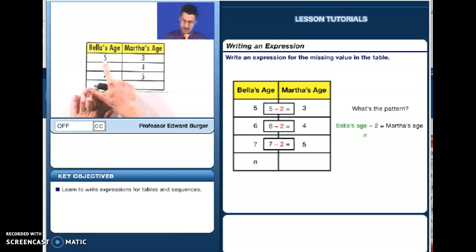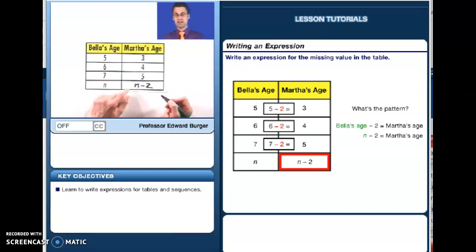Well, when Bella is 5, Martha is 2 years younger than that. So 5 minus 2. When Bella is 6, Martha is 6 minus 2. When Bella is 7, Martha is 7 minus 2. When Bella is n, Martha's going to be n minus 2. And we've now created an algebraic expression that captures Martha's age in terms of Bella's age.